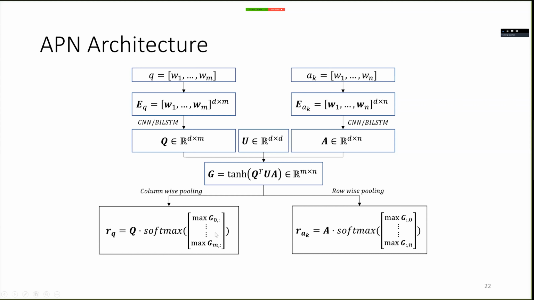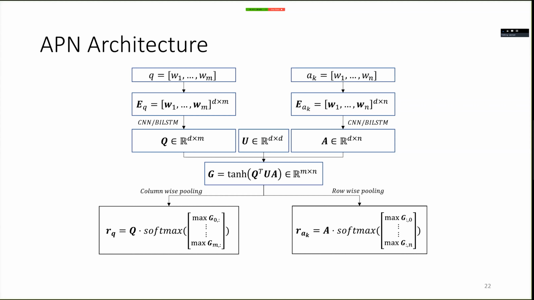It's just that you select, let's say now, which word of the question you want to have. Sorry, for each row that you have, each row corresponds to a word in the question. Okay, so for each row, you select one value, the maximum value, which is which word of the answer is most important to that word of the question.